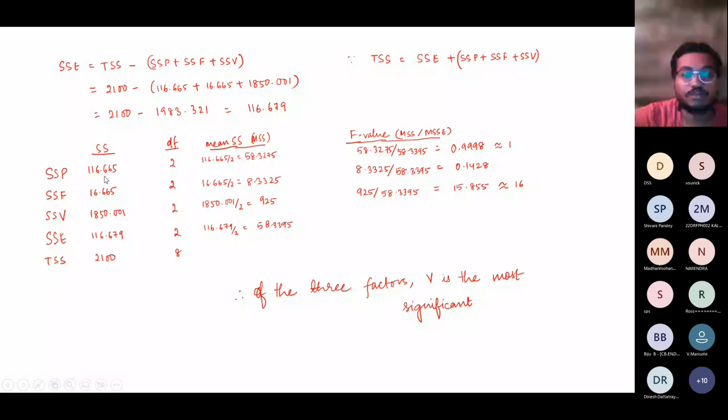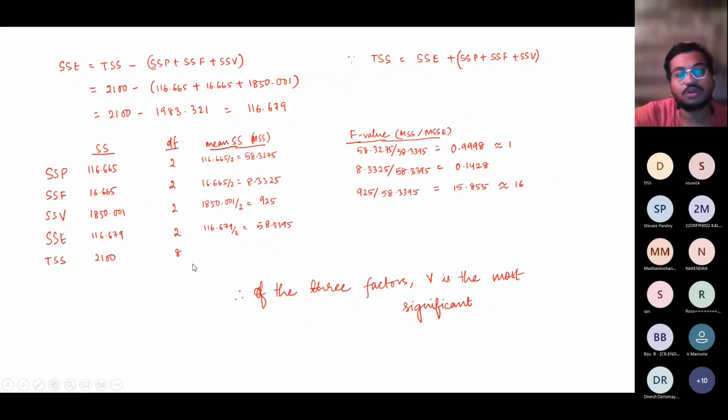The degrees of freedom we calculated earlier: since we have three types of pesticides, the degrees of freedom here is 3 minus 1, which is 2. Similarly, for fertilizers, we have three types, so the degrees of freedom is 3 minus 1, 2 again. For varieties, since we have three varieties, it is 3 minus 1, 2.